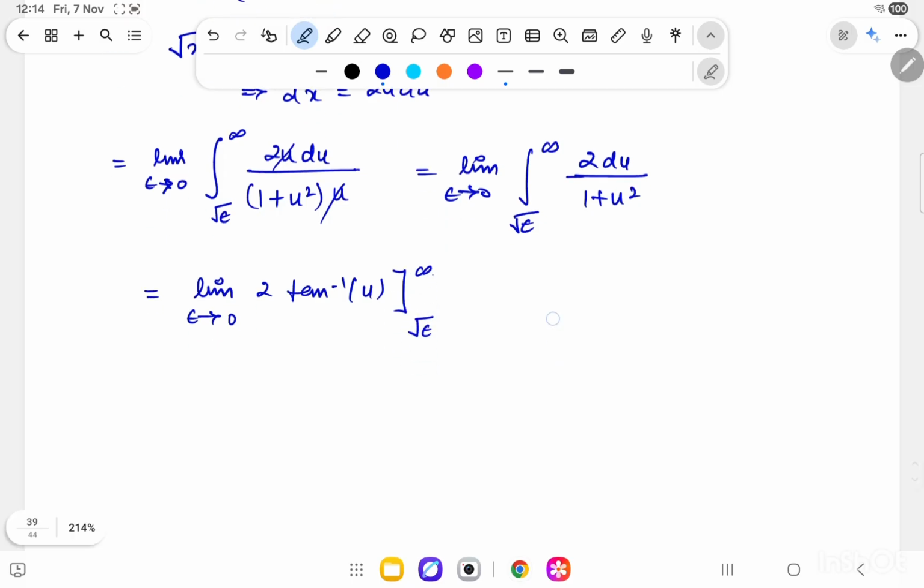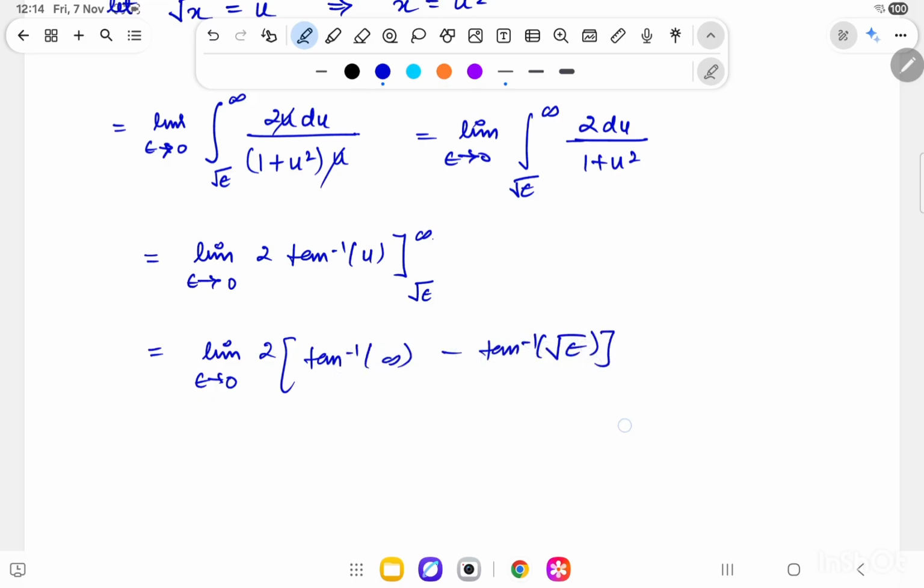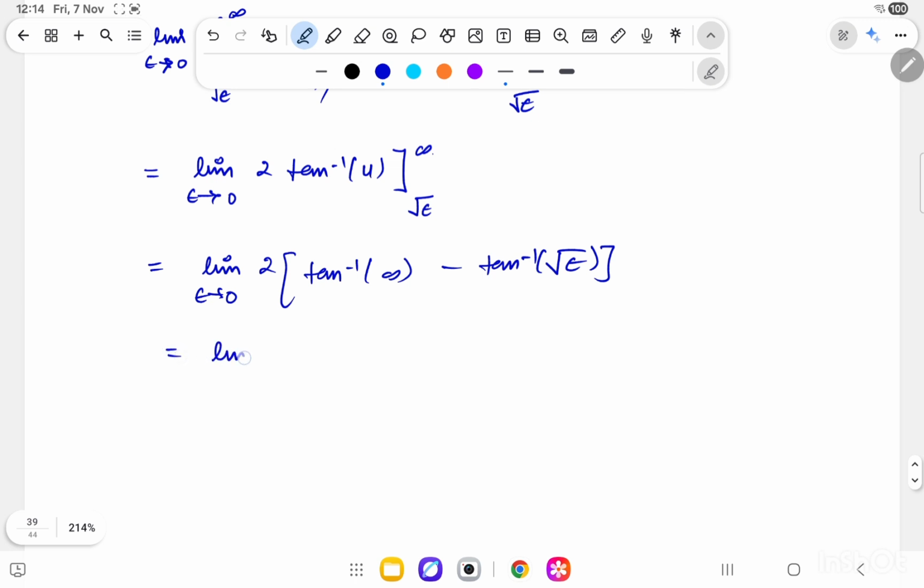Now if I plug in the limits, it will be limit epsilon approaches 0 2 times tan inverse infinity minus tan inverse square root of epsilon, which is basically pi by 2 minus tan inverse square root of epsilon.